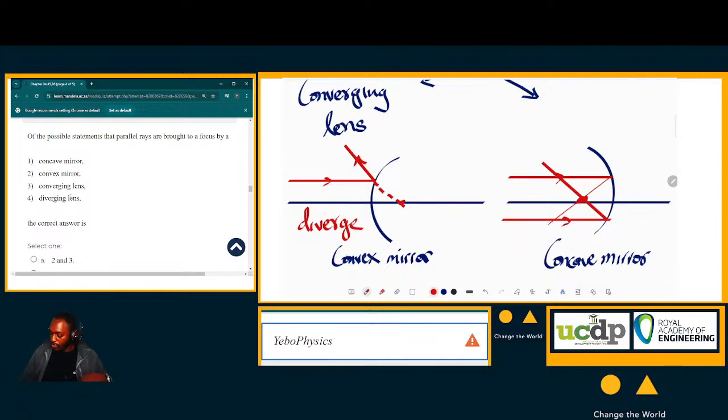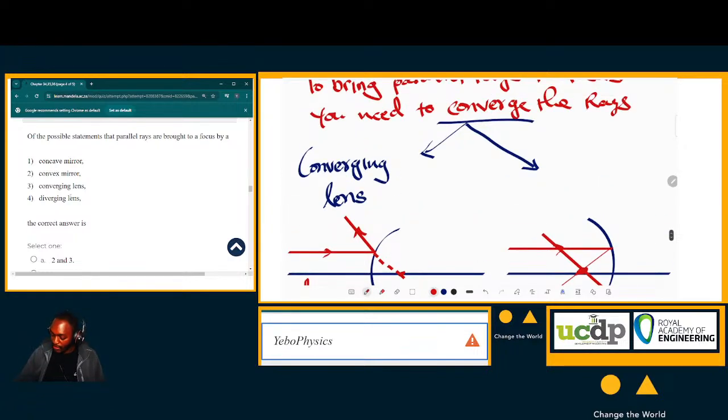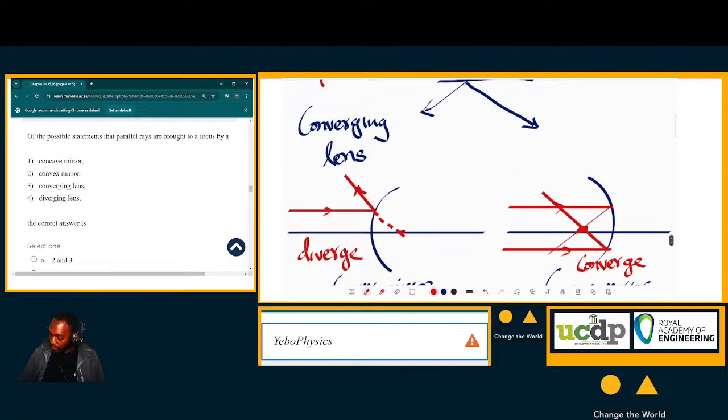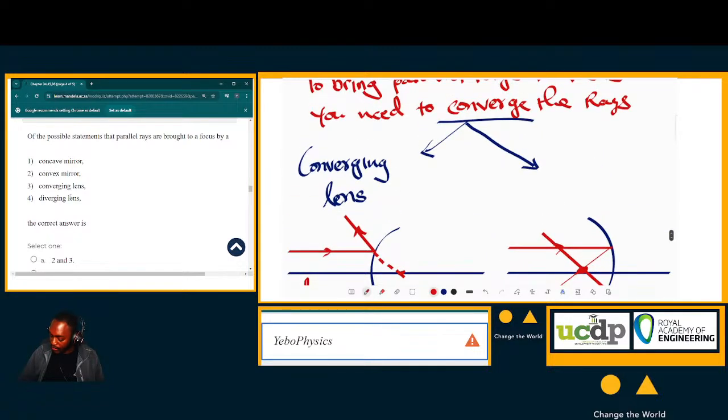Okay, so which means that a concave mirror will converge the rays. So in terms of mirrors, we need a concave mirror to converge rays.